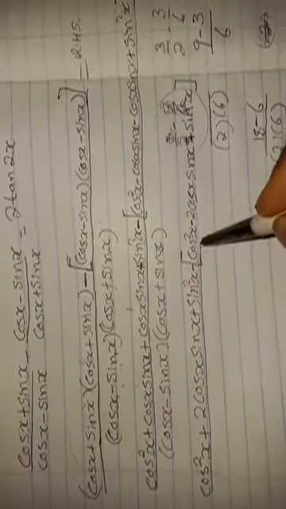Okay, all over cos x minus sin x into cos x plus sin x.